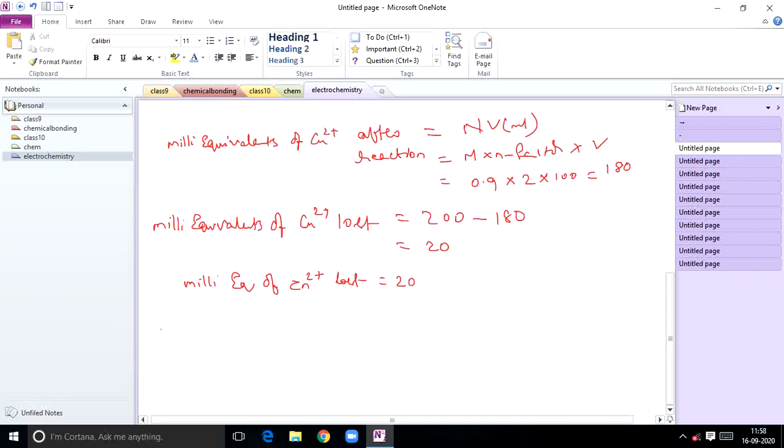So weight of zinc lost is equal to milliequivalents into 10 power minus 3 into equivalent weight of zinc.